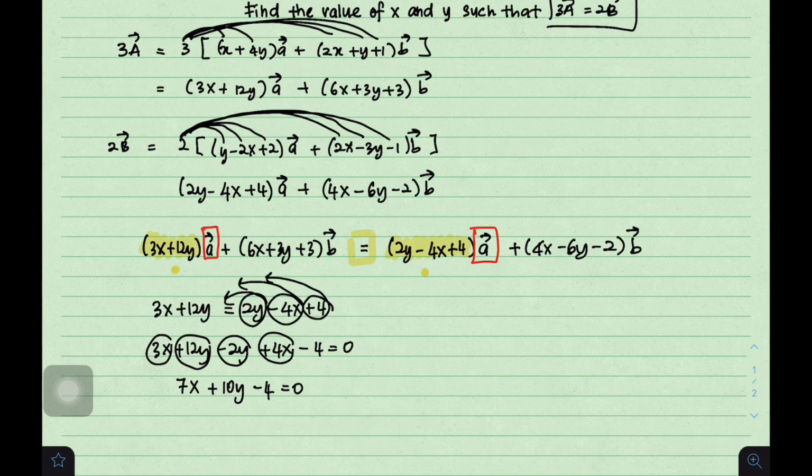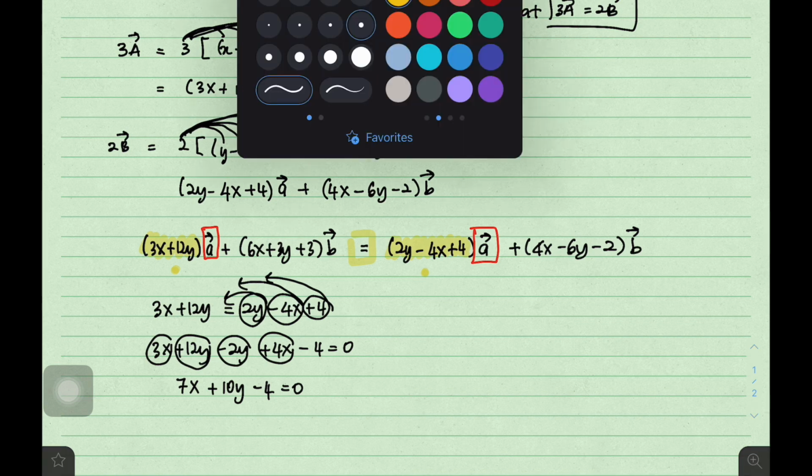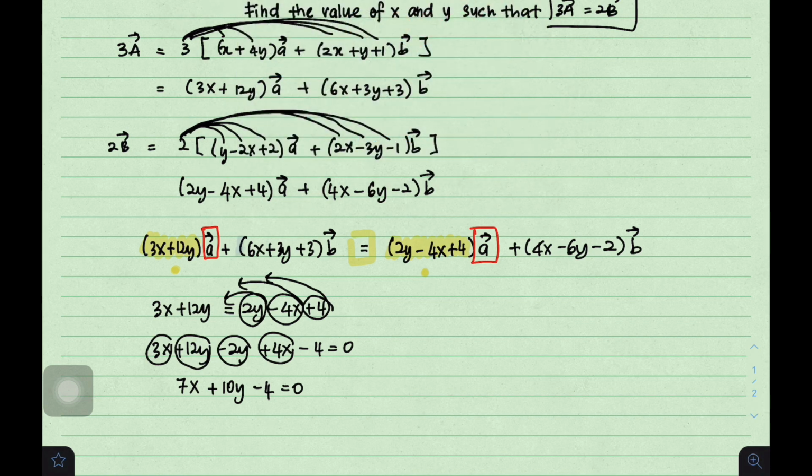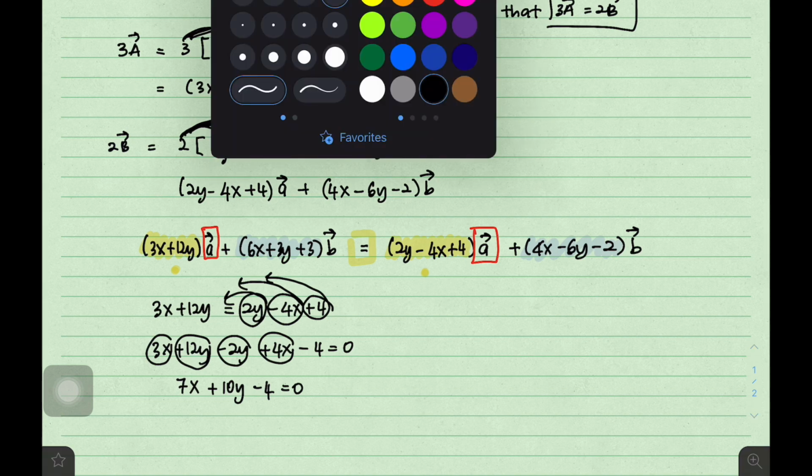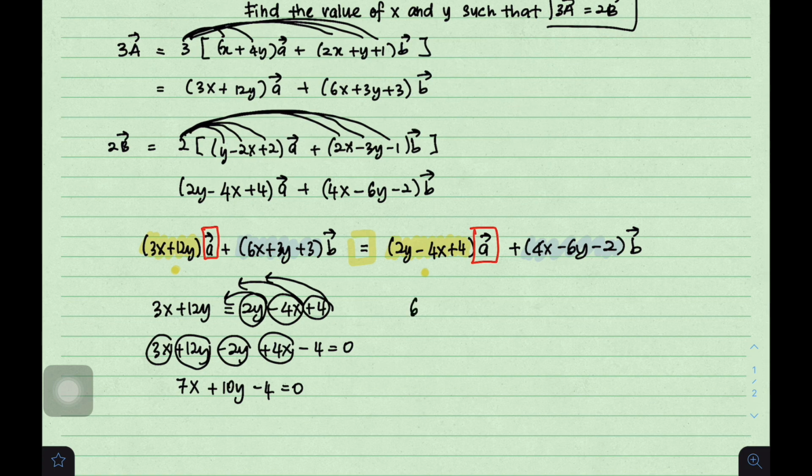Okay, then we need to compare the vector B and the vector B as well. So what you need to do is you need to compare this one and this one because it is equal vector. So vector B must be equal to the vector B on the right side. Okay, so what you will have here is 6x plus 3y plus 3 equal to 4x minus 6y minus 2.